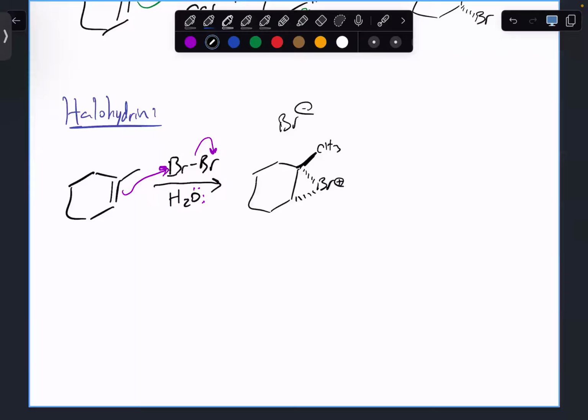You have the bromide, and then you also have water. In a case like this, the water will come in and do the attack. Now here again, just like before, I have a more substituted carbon, which would take more of the positive charge than the less substituted. So when the water comes in to attack, it is going to attack the more substituted carbon.